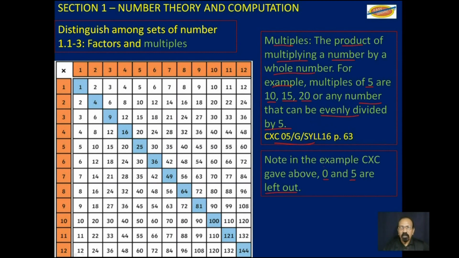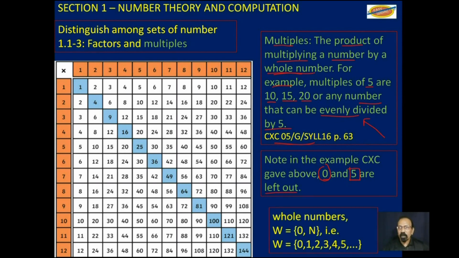In other words, 0 is not a multiple of 5, even though you multiply 5 by a whole number, which is 0. And 5 itself is not a multiple of 5, even though you multiply it by 1, which is a whole number. So we probably need to modify that definition that CXC gave up there.